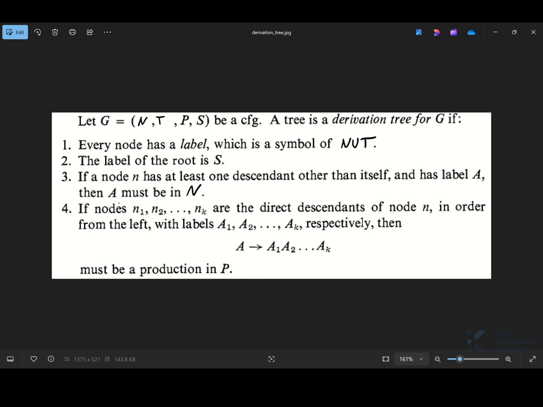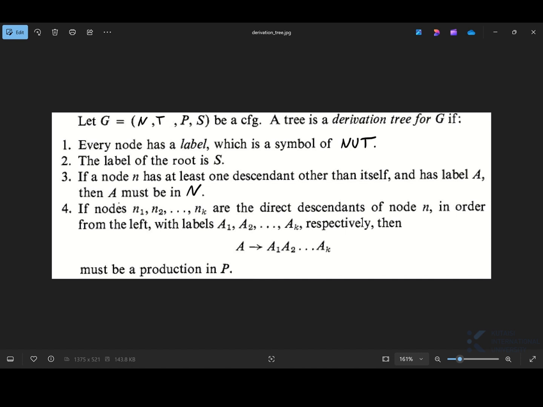So let's say we are given a grammar (N, T, P, S), and let's say it's a context-free grammar, so all my productions have one letter on the left and a non-empty string on the right. Now let's say I have a tree. A tree is a derivation tree for the grammar if these four things hold. First, every node in my tree has a label, which is either a terminal or a non-terminal. Second, the label at the root is the start symbol.